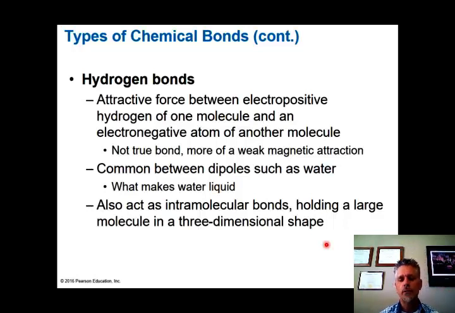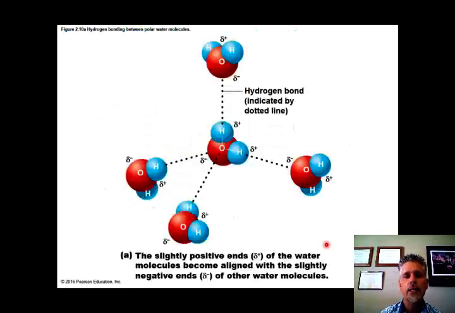And so this is going to be between hydrogen and other parts of other molecules like we see here. This is a water molecule, right? H2O. This is a variety of water molecules near each other. And we said that this is a polar molecule. So it has a slight negative charge to one side of it. And the hydrogens on another molecule are attracted to that negative side of this molecule.